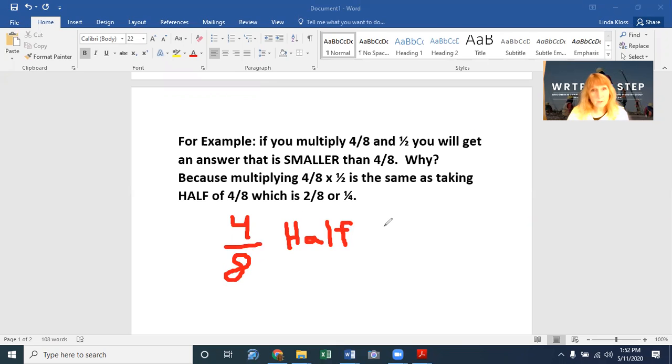So really your answer is going to be 2/8, or if you reduce that down, you would get 1/4. So half of 4/8 is going to be smaller than either 4/8 or 1/2. I just wanted you to keep that in mind, if you're wondering why your answer is smaller than the other two fractions. Well, that's why, because you're taking part of a part.